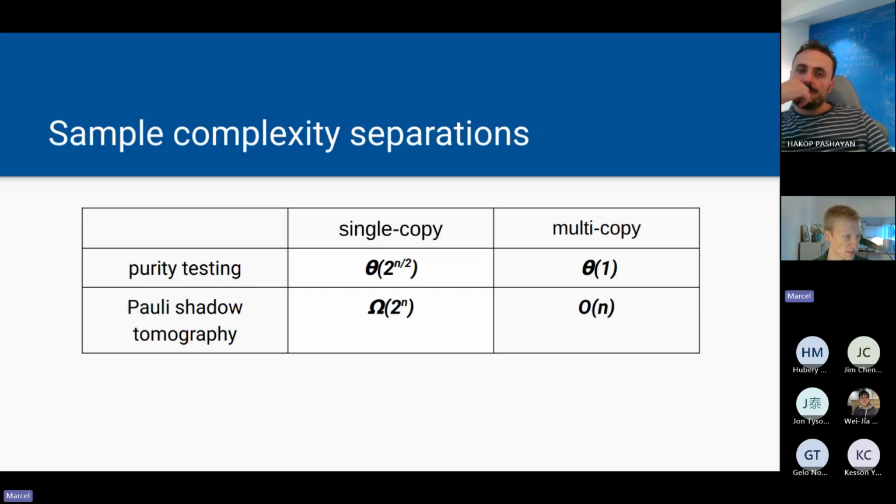And something similar is also true, for instance, for Pauli shadow tomography, where if you have multi-copy capabilities, you need a linear amount of samples. But again, you need an exponential amount of samples if you only have single copy power available. And as we will see, the same thing applies to the stabilizer case.